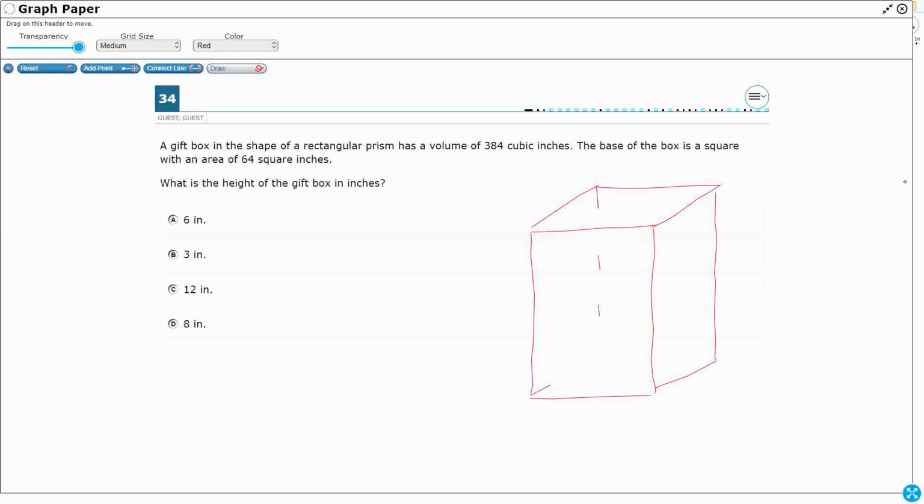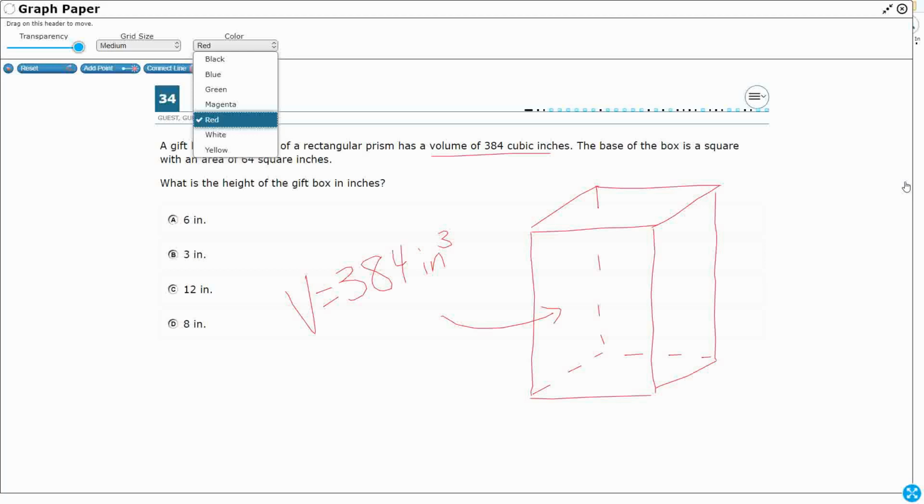So let's draw the base back here. There we go. All right, so we have our rectangular prism. And what we know is the whole volume is 384 cubic inches. So I'm going to draw that: V equals 384 inches cubed, or cubic inches.